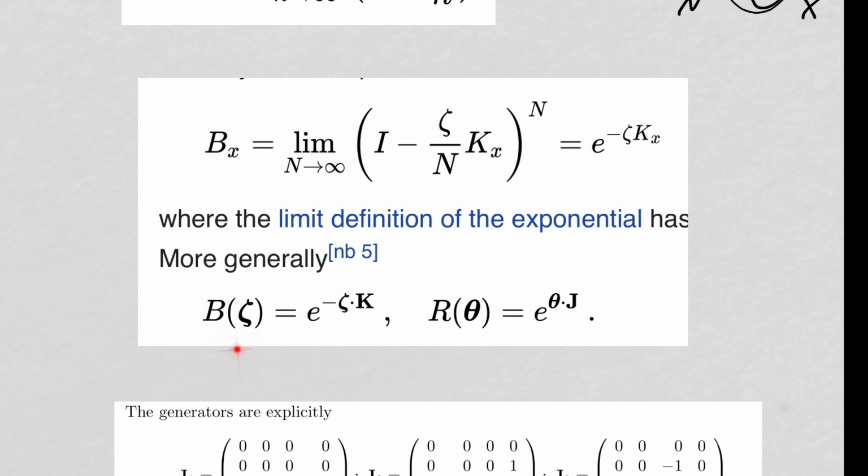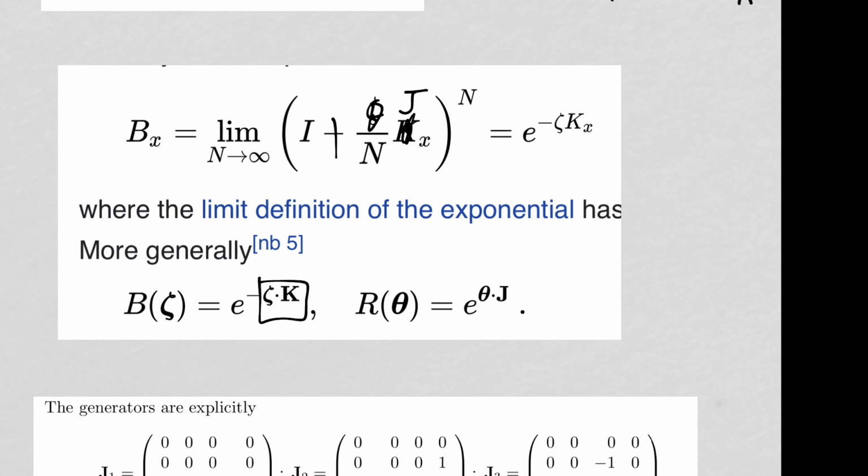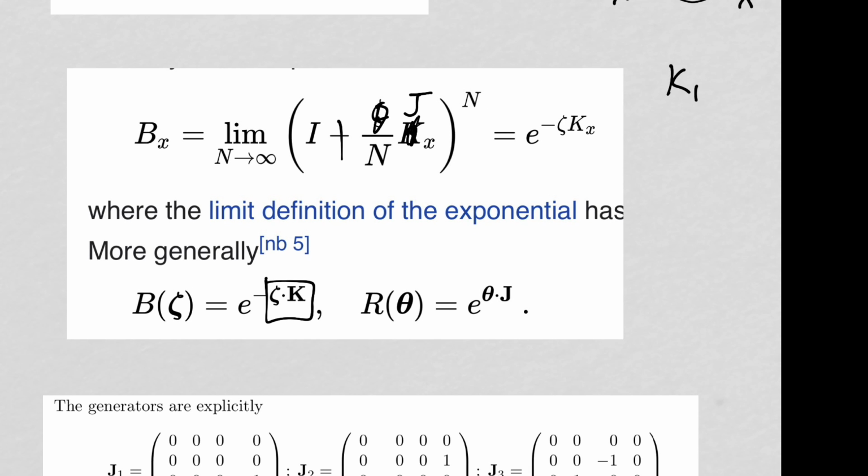If no one book is all that good. Well, there's a lot of good books, but you will use multiple books. So, in Wikipedia, you end up with this boost with a defined minus sign, but the rotations don't have a defined minus sign. So when the rotation form, they must have had a plus sign up here, right? And then this would have been theta over n, and this k would have been a j. And notice that they're using this dot product notation, right? So, of course, what's going on there is you have boosts in the x direction, boost in the y direction, boost in the z direction, rotation in the x direction, rotation in the y direction, rotation in the z direction, right?